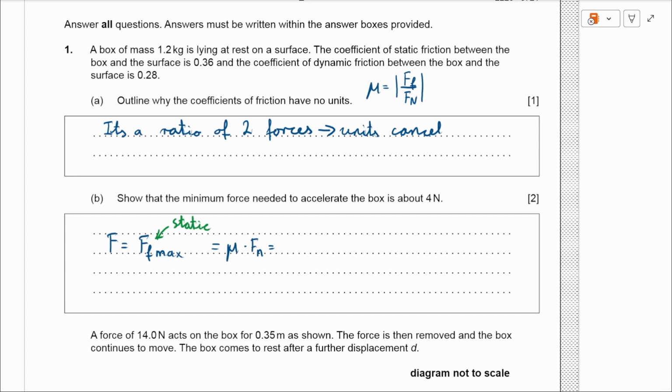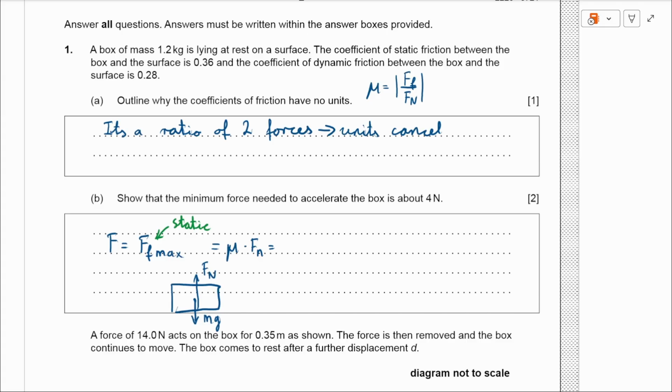And since we have a block that is at rest on the surface, the block is not moving vertically, and therefore the sum of the vertical forces has to be 0, and therefore the normal force in this case is equal to the gravitational force mg. There's no net force in the y direction, so they have to be the same.